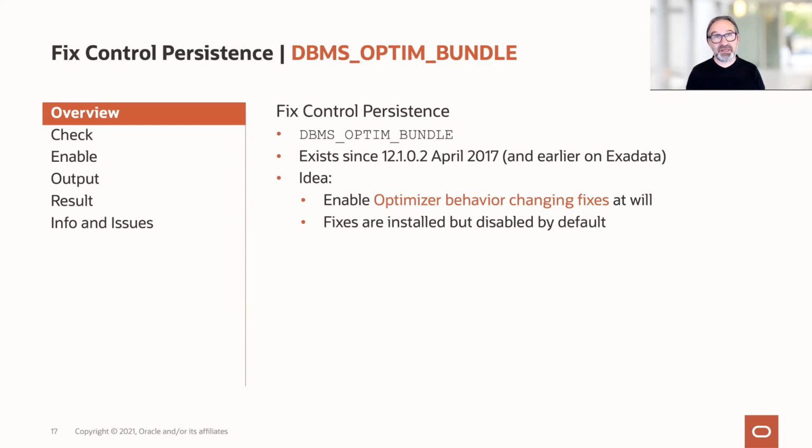We already started doing this for 11.2 Exadata bundle patches and for 12.1.0.2 with the normal database, the non-engineered systems. Now in 12.2, it's the release updates and the release update revisions. And when such behavior-changing optimizer fixes are included in a bundle patch, then they are turned off by default.